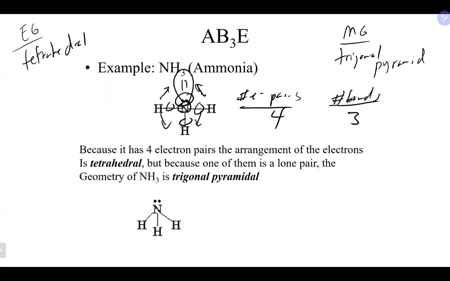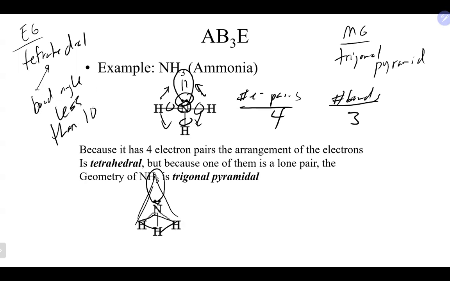And that is because it's got these non-bonding electrons, kind of makes a triangle and a pyramidal shape there on the bottom that basically occurs. Bond angle here is based off of the electron pair geometry. So the bond angle is less than 109.5, about 107 in this case, give or take.